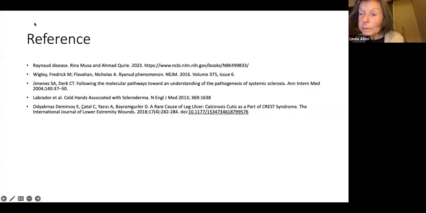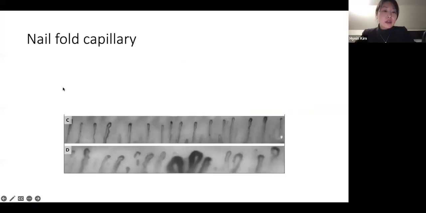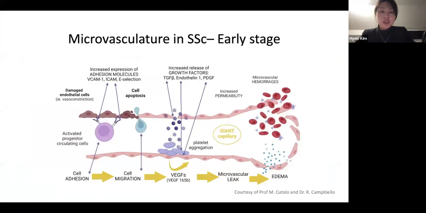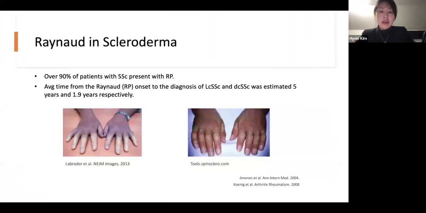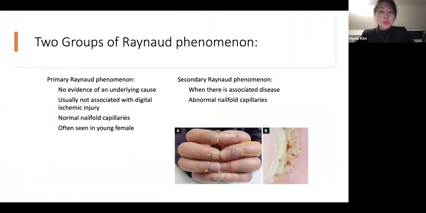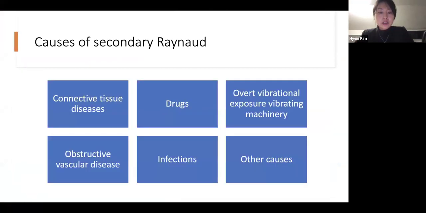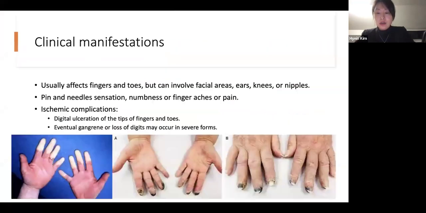Let me see if I can go back and find something. It can start with little dots sometimes, and then it opens up into more of a wet tissue on the fingertip. In severe cases, you'll see necrosis, but that's probably more severe.